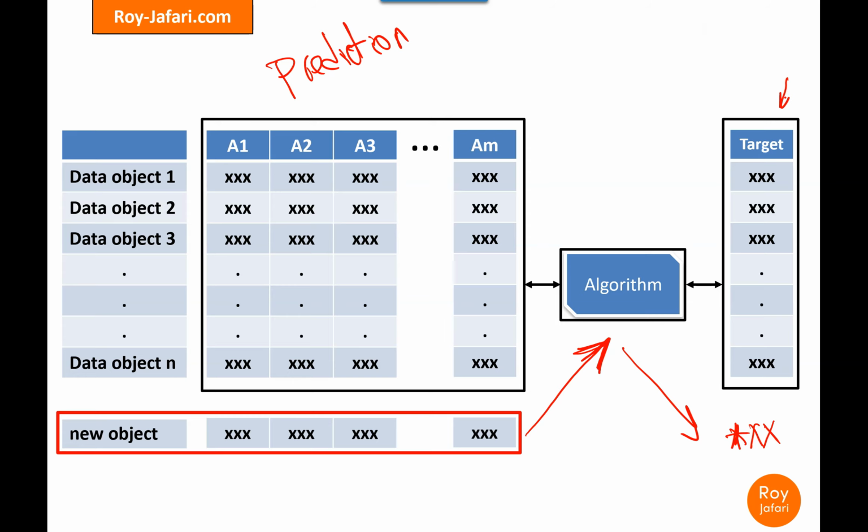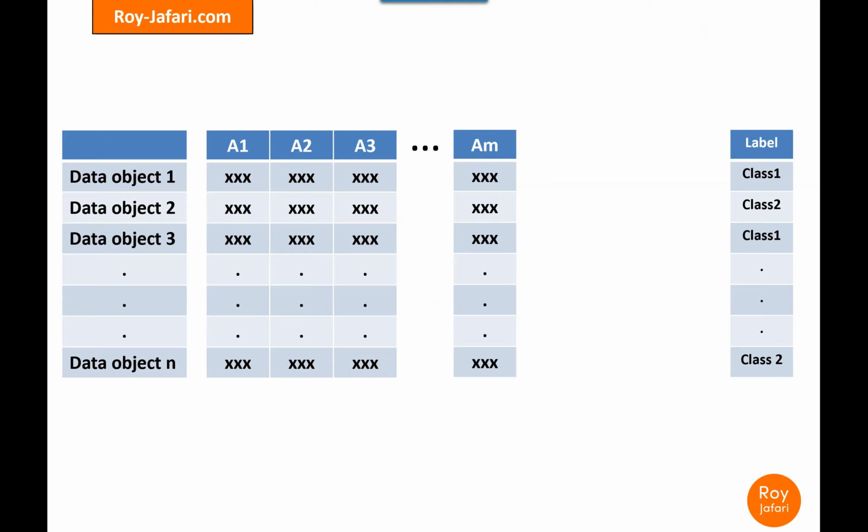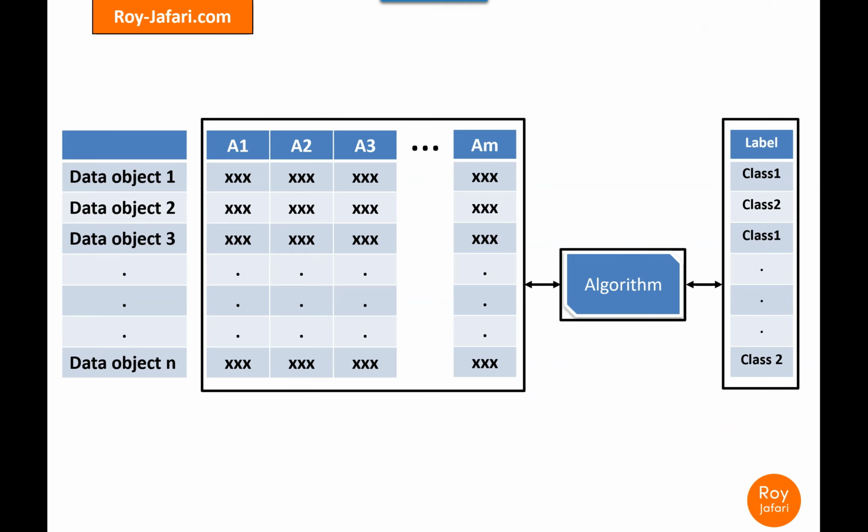What classification does is the same as prediction. We are trying to find a relationship between independent attributes and dependent attributes, but for classification, the dependent attribute is a categorical attribute. For prediction, that is a numerical attribute. So this is a classification because our dependent attribute is a categorical one, or a label.